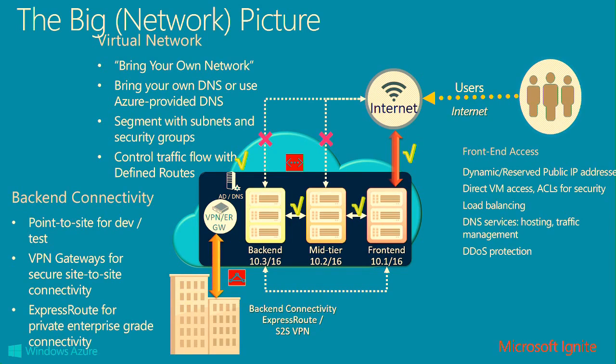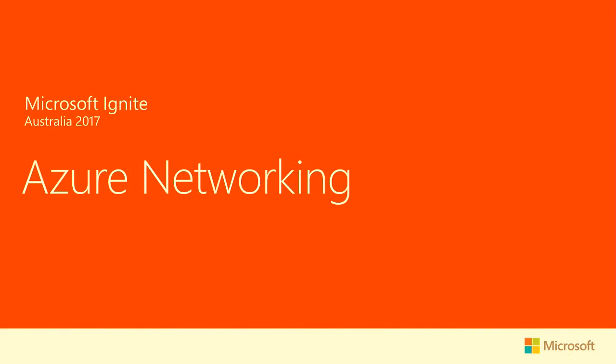And then because of our hybrid cloud strategy, we also give you the ability to connect back to your on-prem network through either a site-to-site VPN gateway, or you can have an ExpressRoute connection provisioned that can link your Azure VNet to your on-prem network. All right. So with this intro, we'll talk more in detail about each of these features. Balaji will talk about all these Azure networking features.